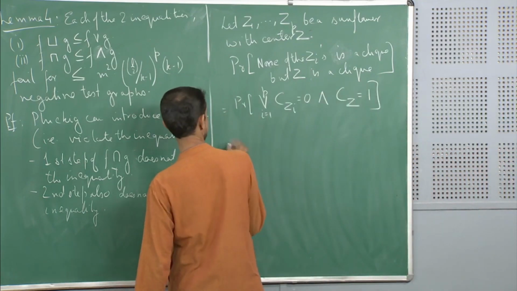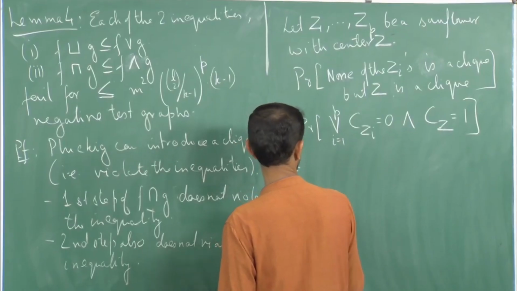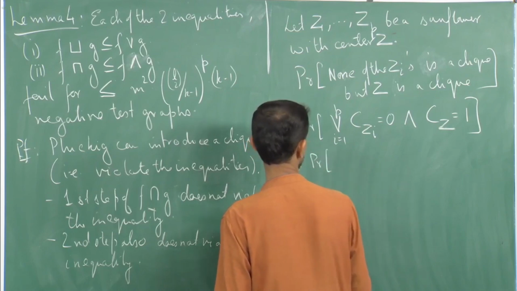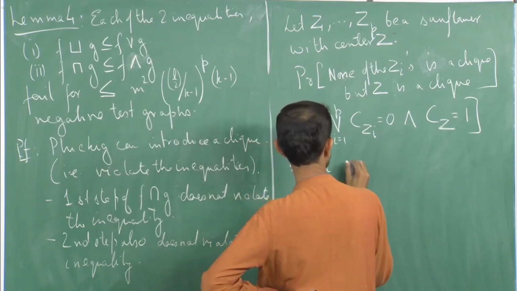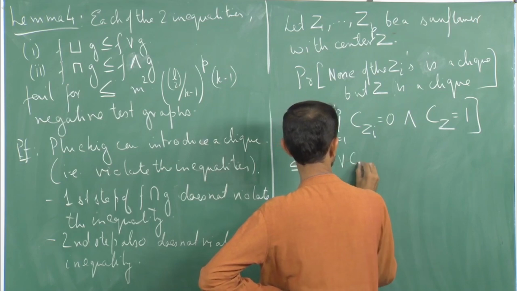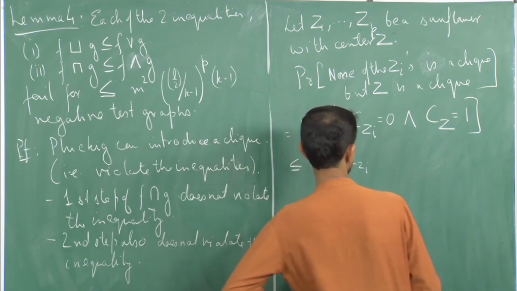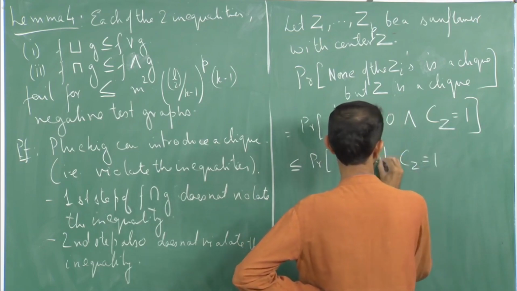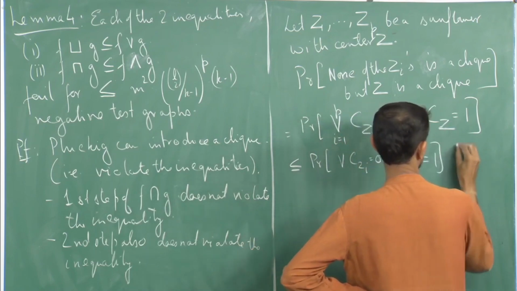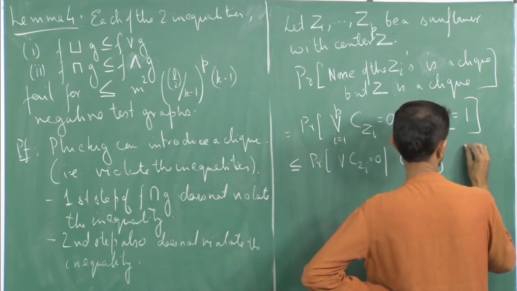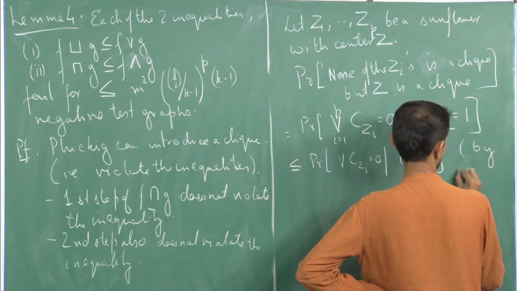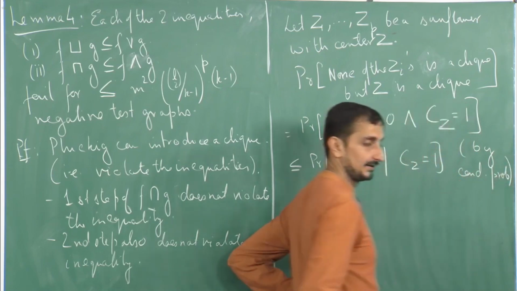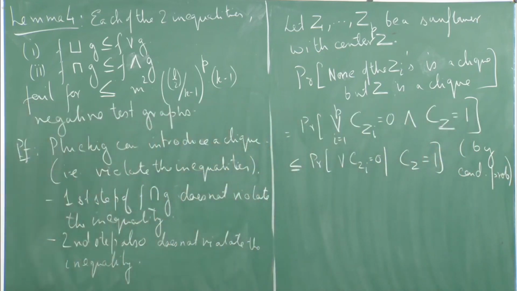Now by conditional probability we can bound this by the probability that the OR of CZi given CZ equal to 1, by conditional probability.